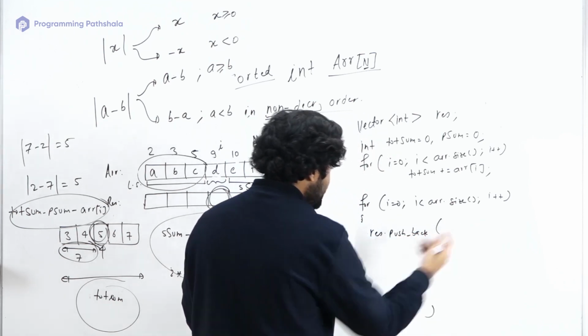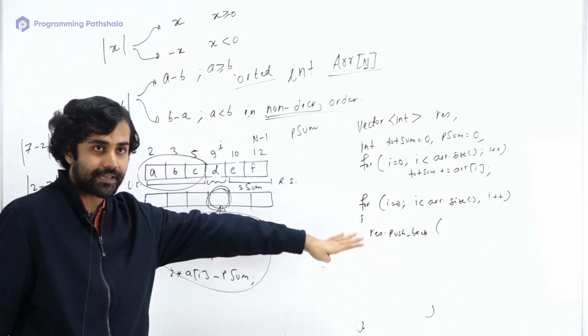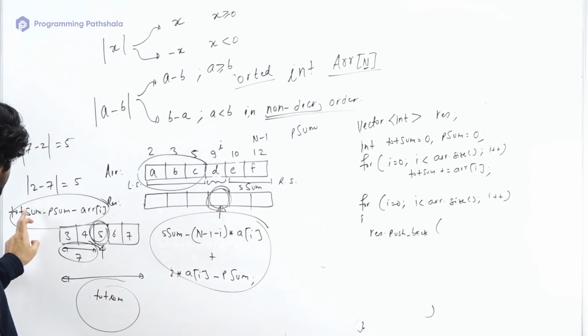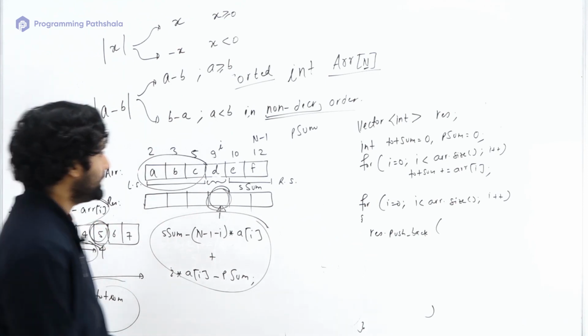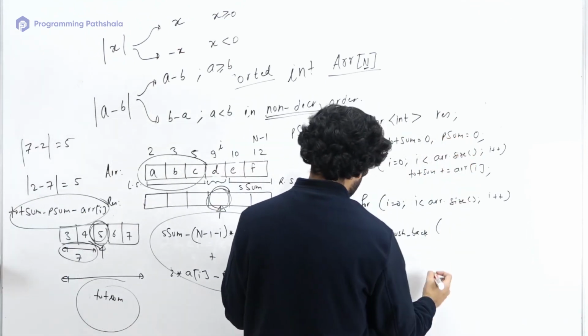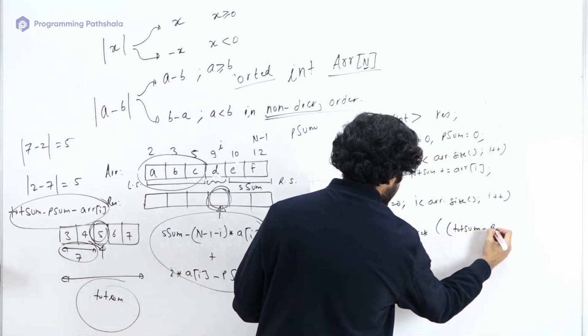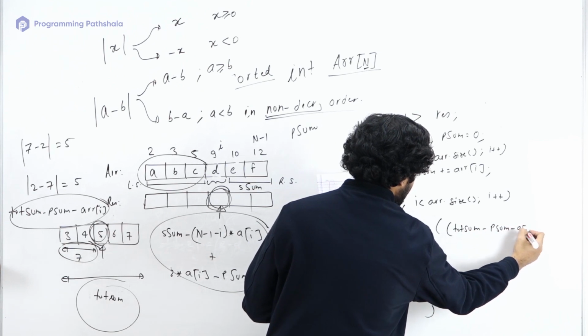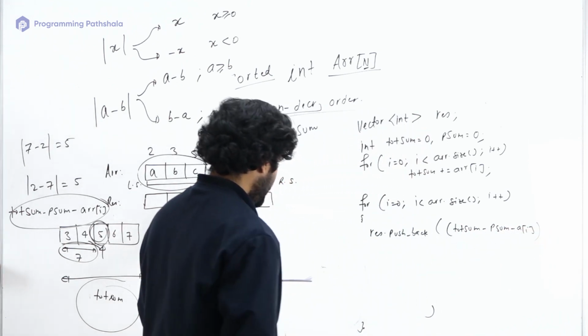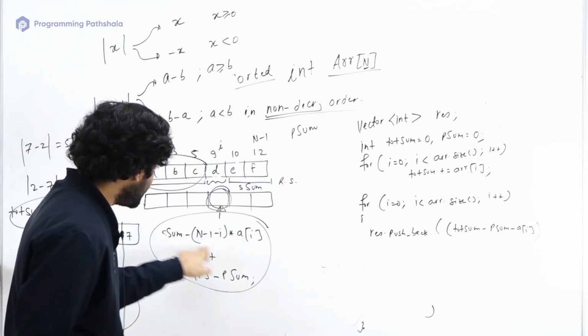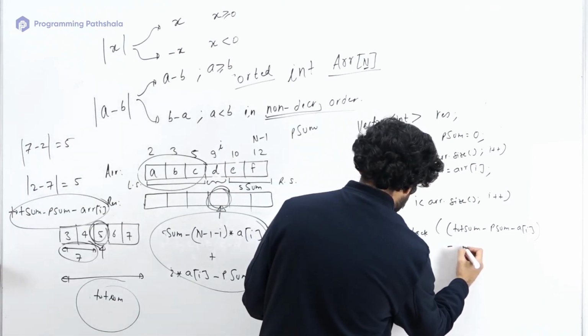Now a big expression will come, but nothing to get scared of because you know the concept, right? So what is your suffix sum? Your suffix sum is simply total sum minus prefix sum minus array[i], and you are maintaining this prefix sum in the right manner. So it will be total sum minus prefix sum minus a[i], and that minus this into a[i].